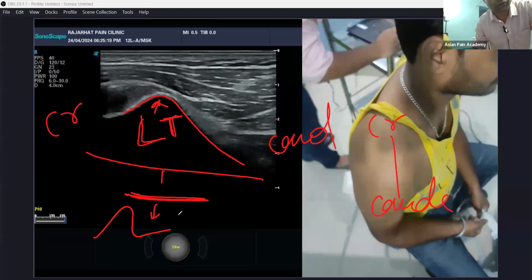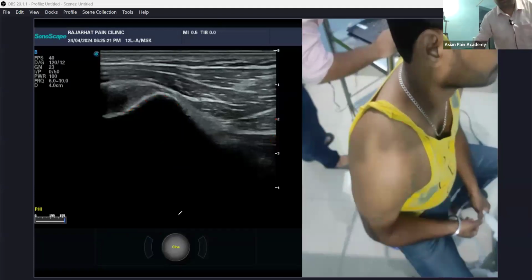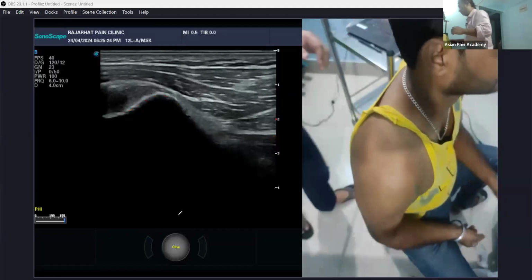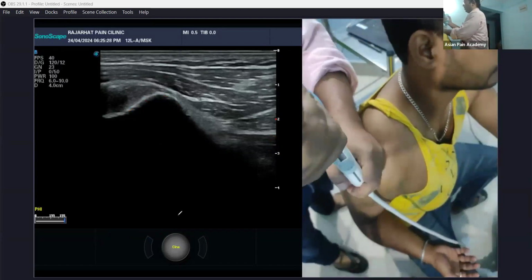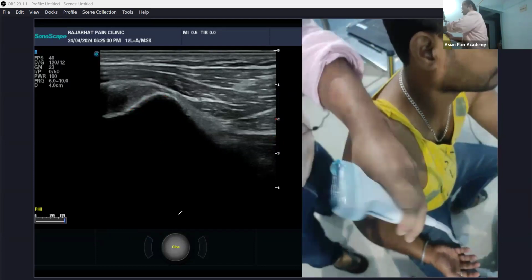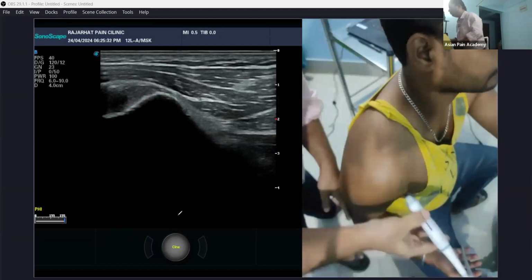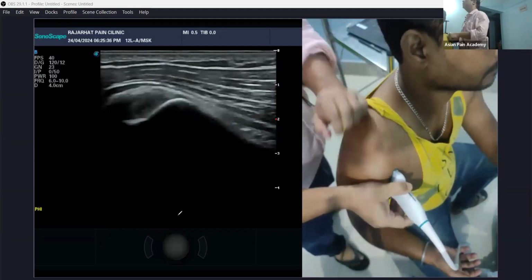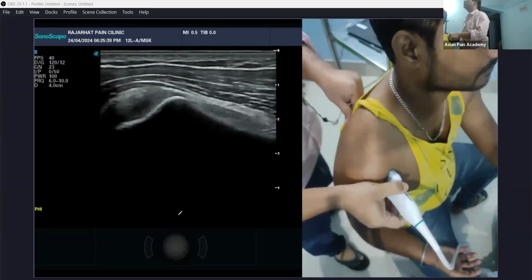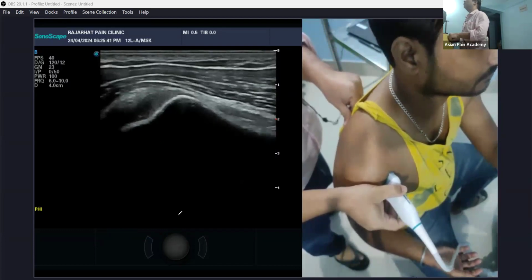So I again show you. This is the lesser tuberosity. Medially, it is the lesser tuberosity. This is the bony contour of the lesser tuberosity.